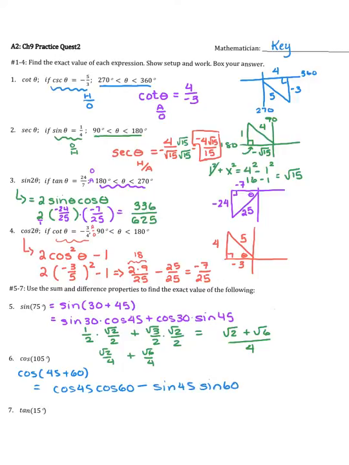So you just want to use your sum and difference properties, use your unit circle, and then we substitute. So this is rad 2 over 2 times 1/2 minus rad 2 over 2 times rad 3 over 2. Notice they look very identical. So we end up with rad 2 minus rad 6 all over a common denominator of 4.